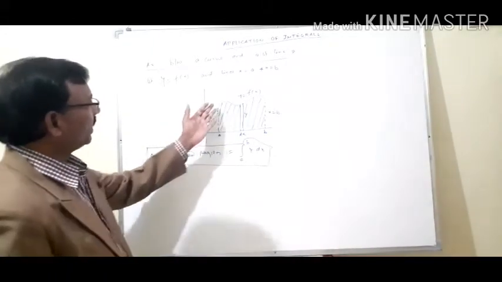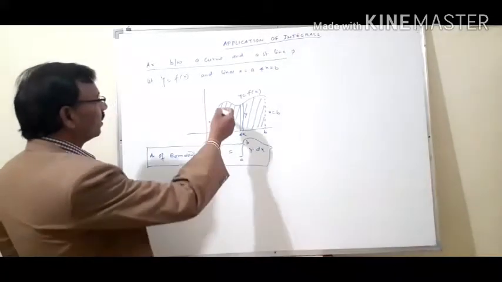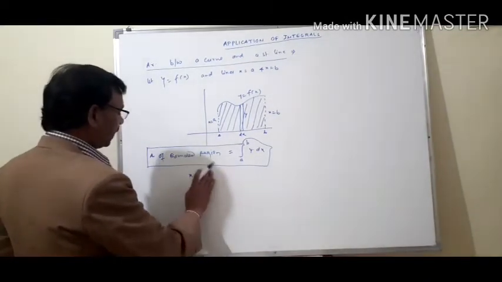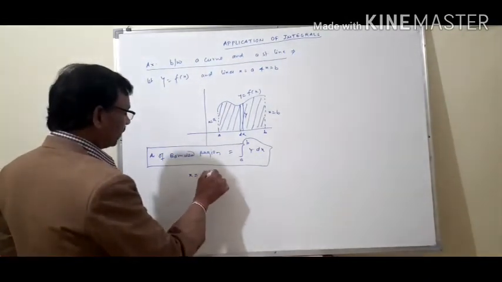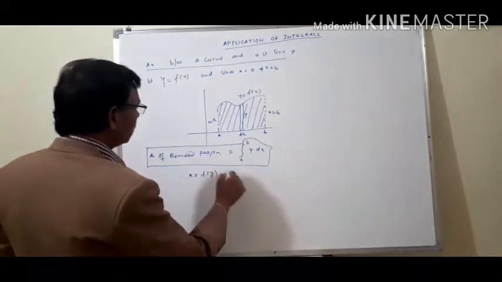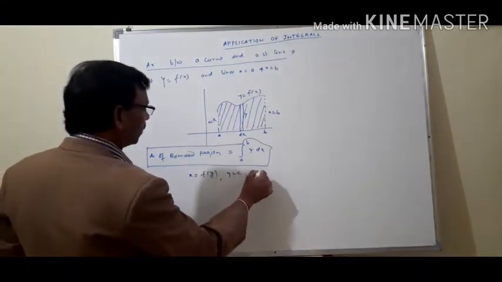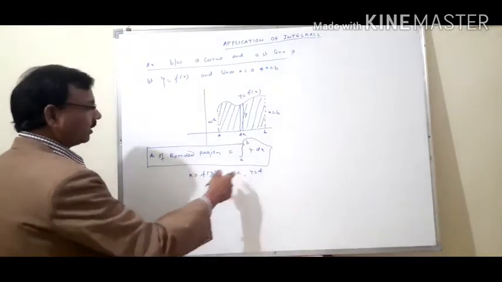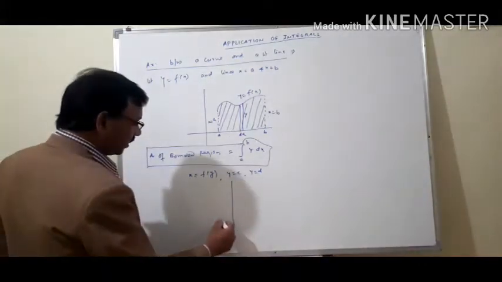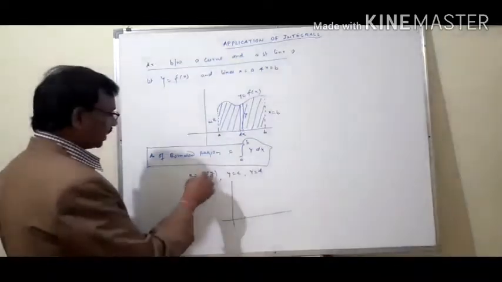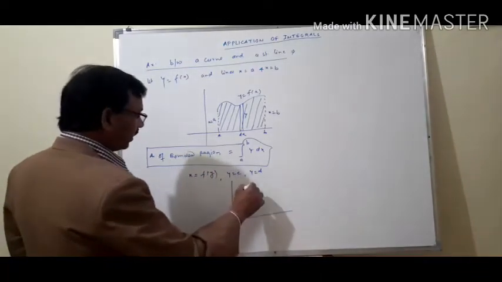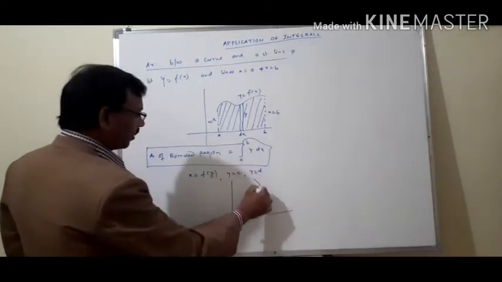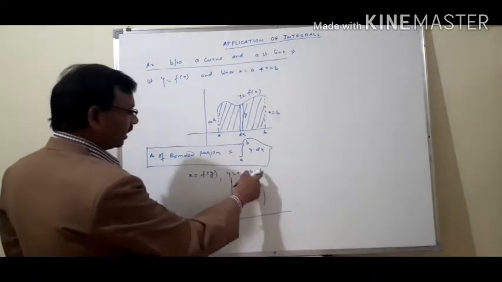Now if you take a function x equal to g of y, or x equal to f of y, and lines y equal to c and y equal to d, then what will be the area bounded by this curve and the given lines? If we draw the graph of this, since this function is along the y-axis, suppose this is the function, and we want the area bounded by y equal to c and y equal to d.